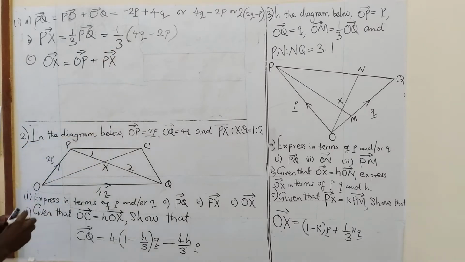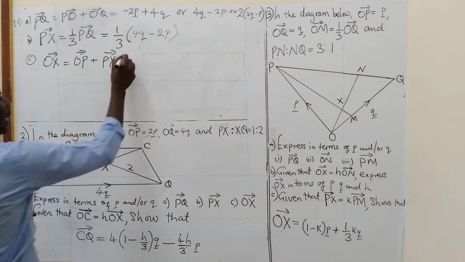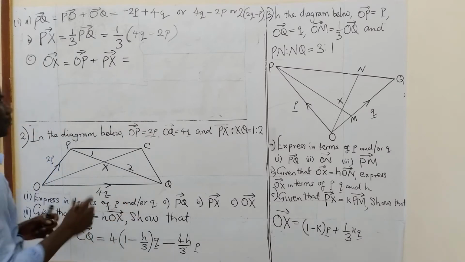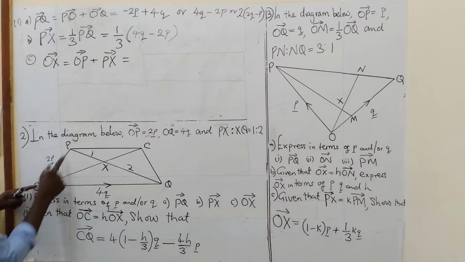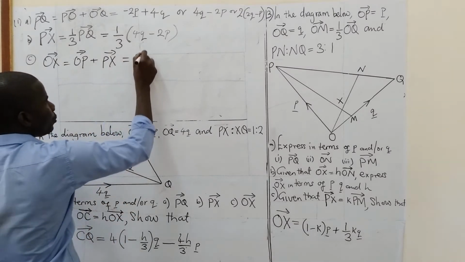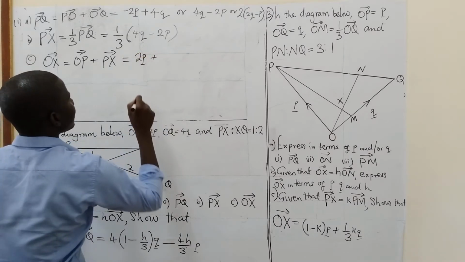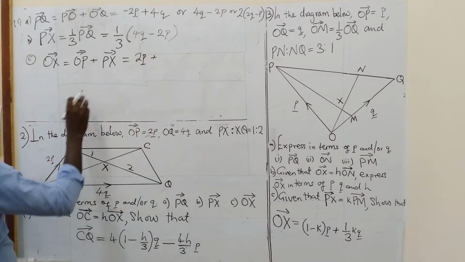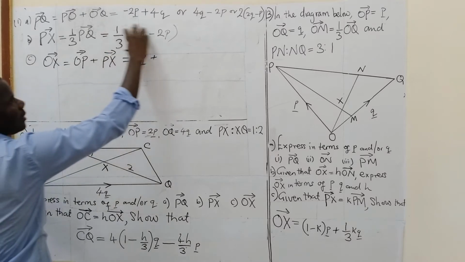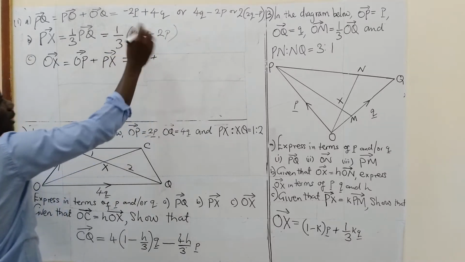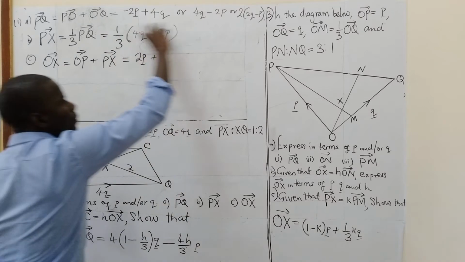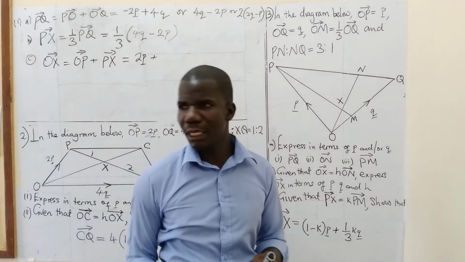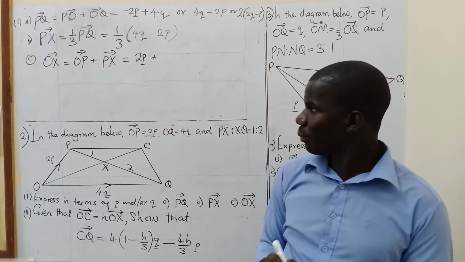Take note that OP is equal to 2P, plus PX, which is the expression we have here. The only thing we are going to do is distribute the fraction that we have outside.